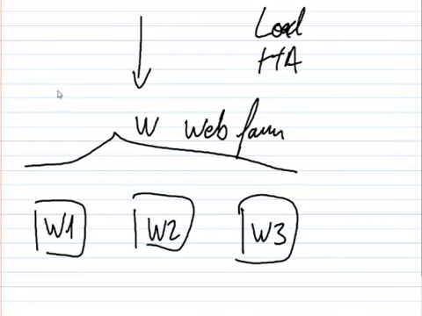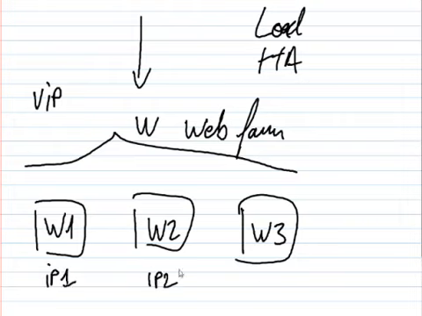The web farm is associated with a virtual IP address, and each server has its own IP address: IP1, IP2, and IP3 in our example. There may be 2 ways to get this done.